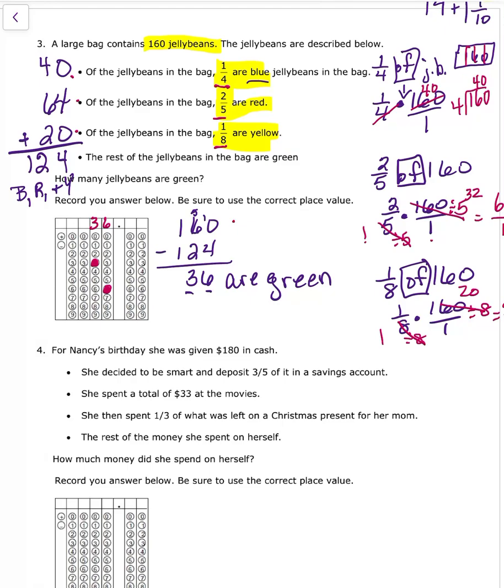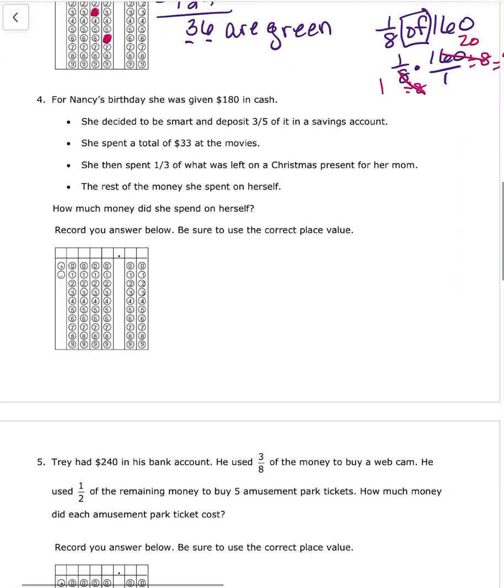Okay, so that's the procedure that you had to use. On the next one, it's the same procedure where you're going to take the fractions and multiply it. But there is one thing that's different that I'm going to need to point out to you. Okay? All right, so let's take a look.